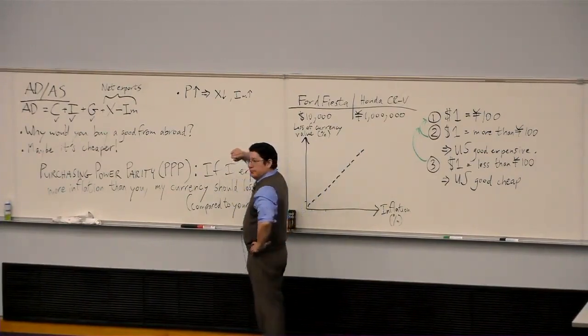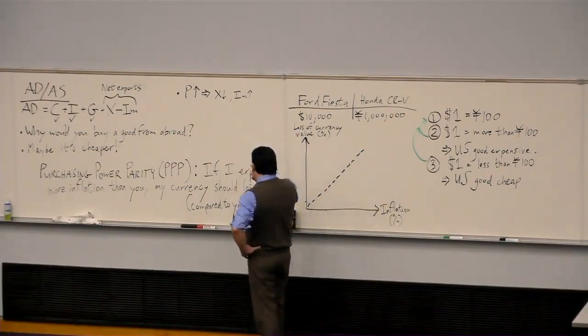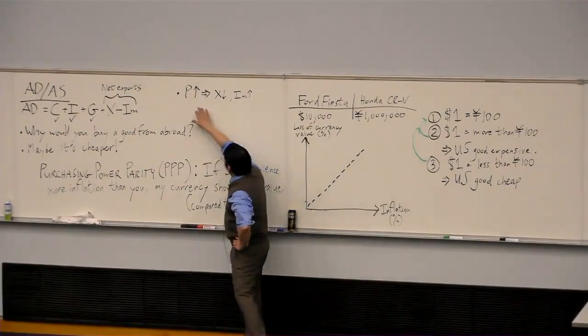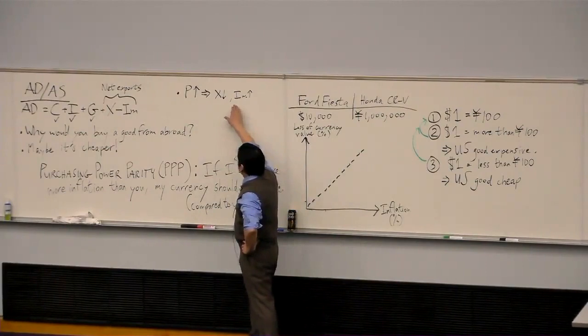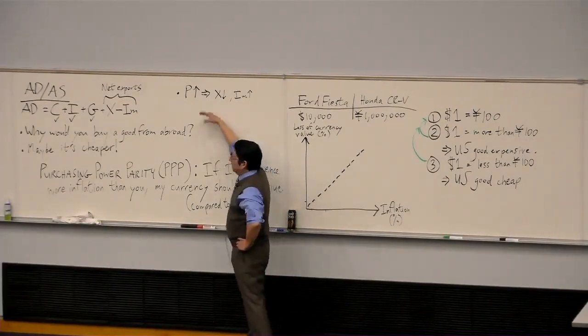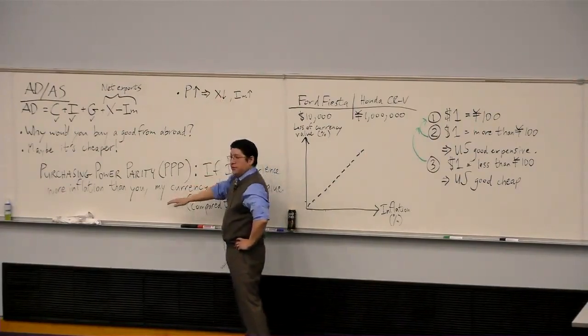There's one kind of obvious one, I guess, because remember, we're saying the whole reason why the price level might affect exports and imports is because purchasing power parity doesn't hold. Bit of a mouthful. Which means when the price level rises, the exchange rate does not respond, at least not immediately.